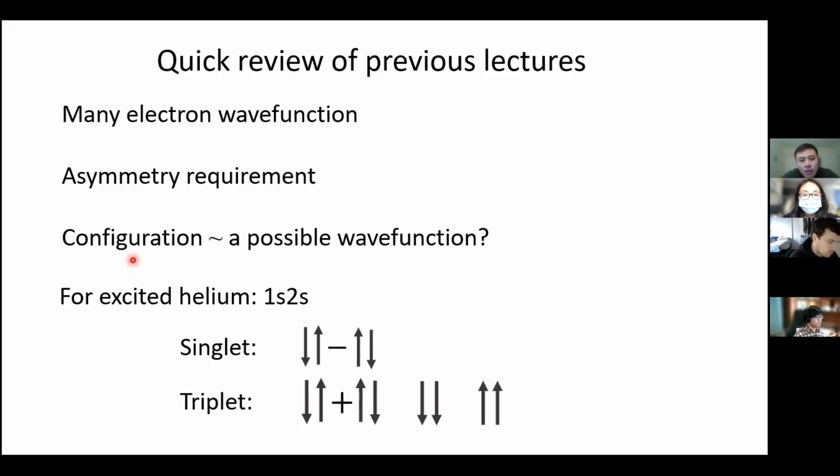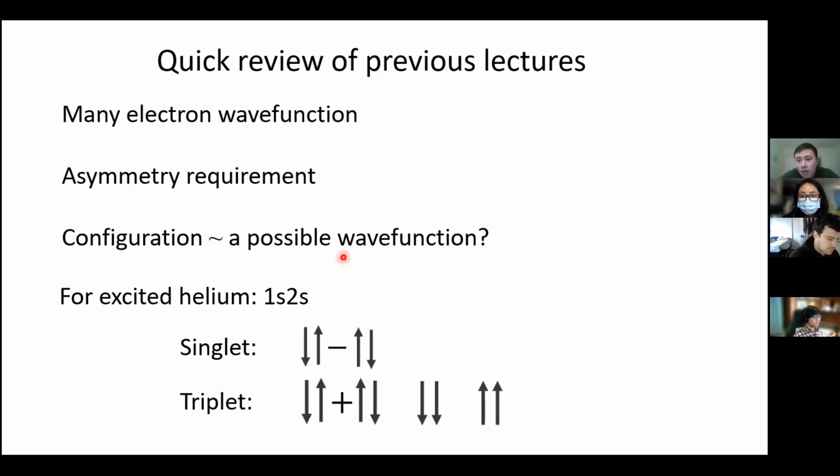And the third one is I put this kind of a question here. I think this is something that has been commonly used when we discuss the electronic structure, right? We are used to drawing the electron occupation diagram, and there is a common practice to associate this kind of occupation diagram with the implied wave functions.